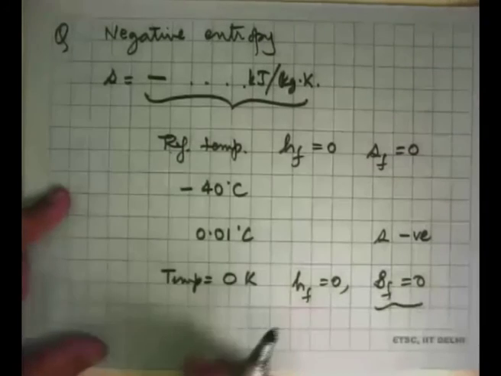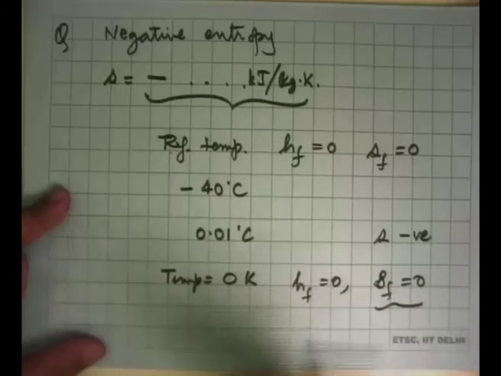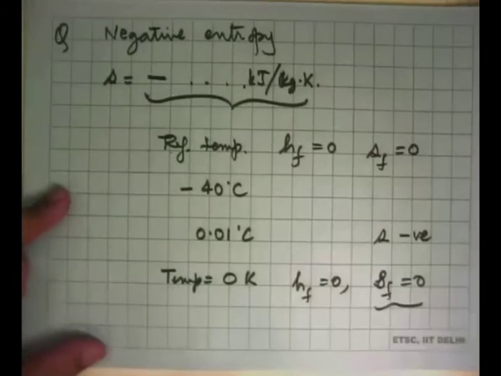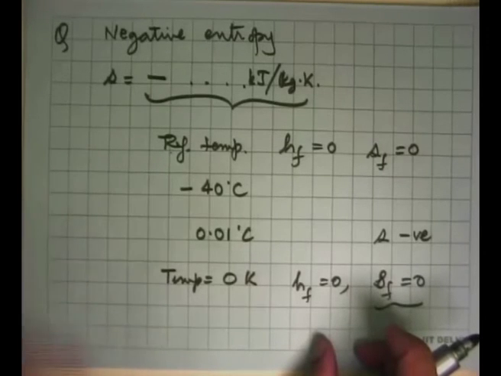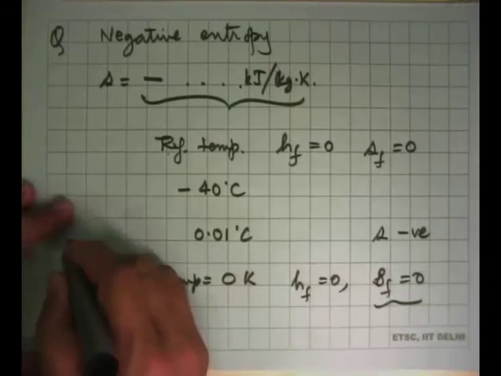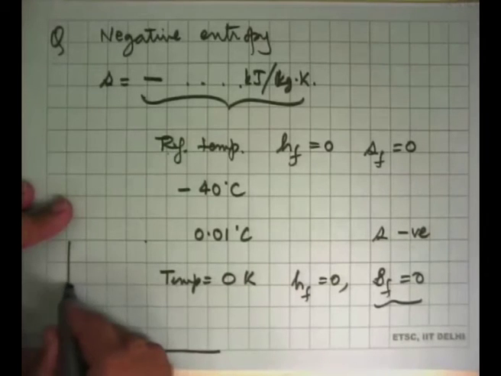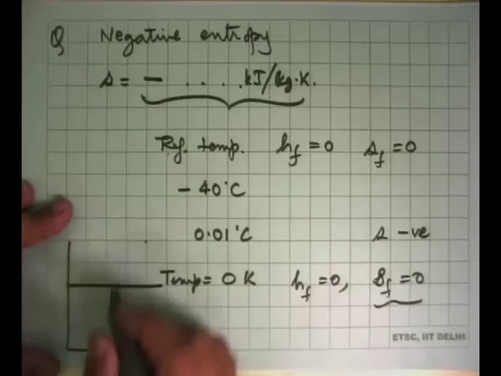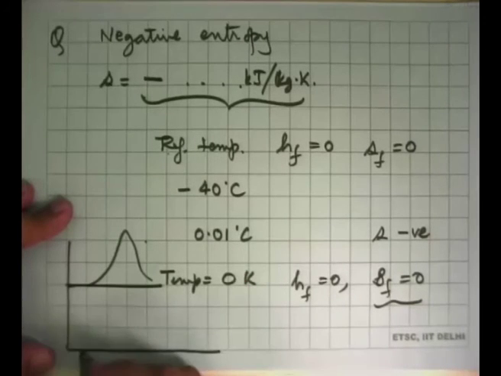The only reason we don't do that is that if we are working at temperatures like 300 Kelvin, 400 Kelvin, 500 Kelvin, all the values of specific enthalpy, specific entropy, specific internal energy, which are dependent on the reference state, will all get added by a certain number. For example, on a TS diagram, if your reference temperature is here, we take this as 0 and make this drawing over there.